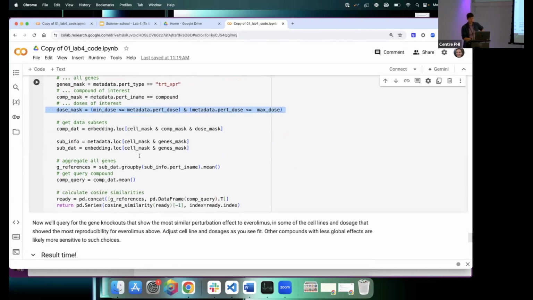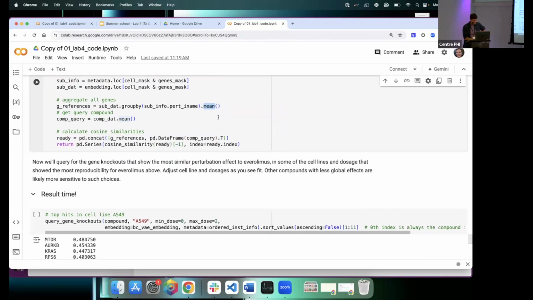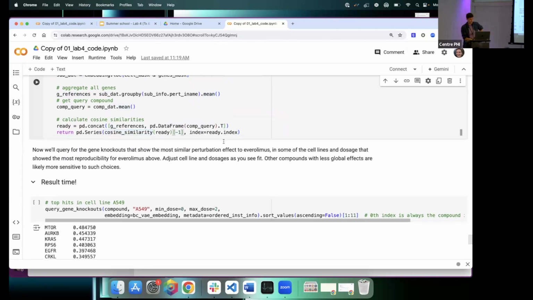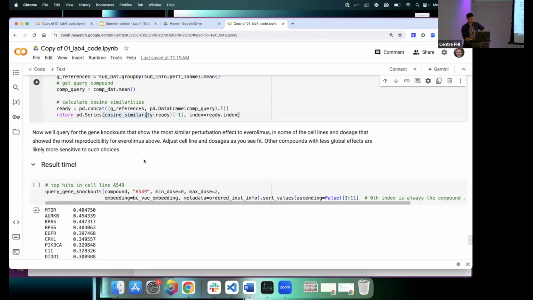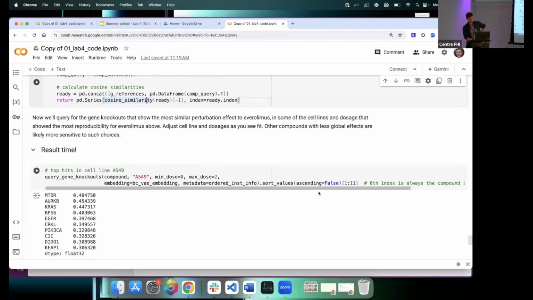Once we have our data, we aggregate what we've selected, mean aggregation, and then run a cosine similarity between them. So this selects the one row of compound against everything else, because this function is going to do all in all. And this is going to give us essentially a cosine similarity for each of the knockouts in this data set against everolimus.